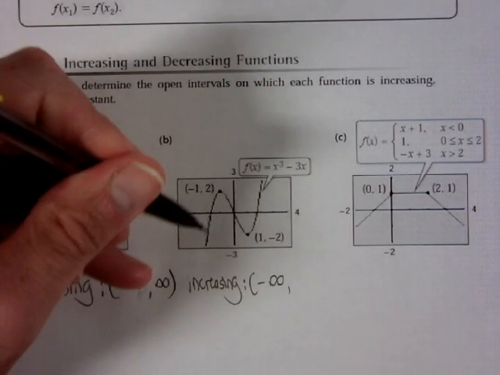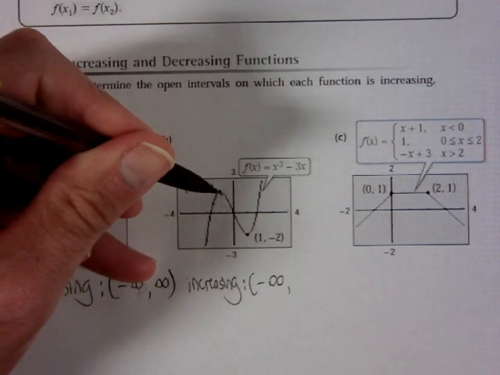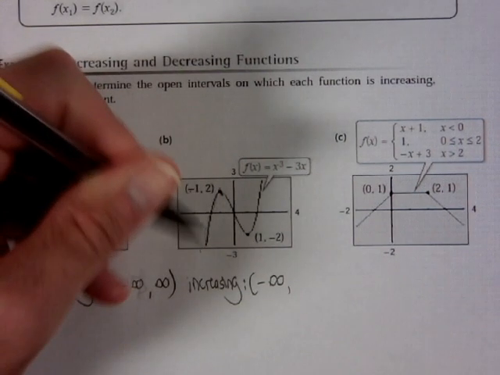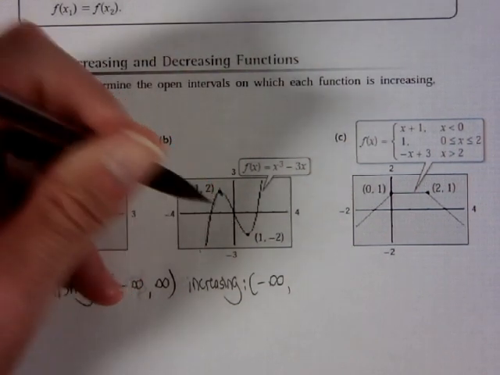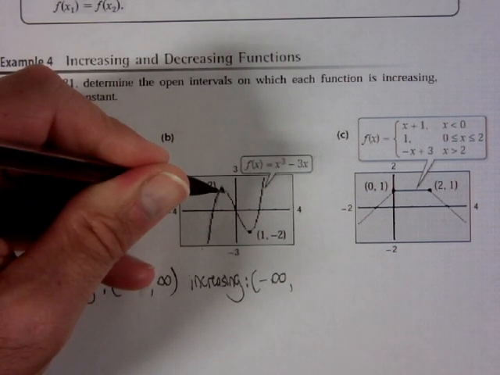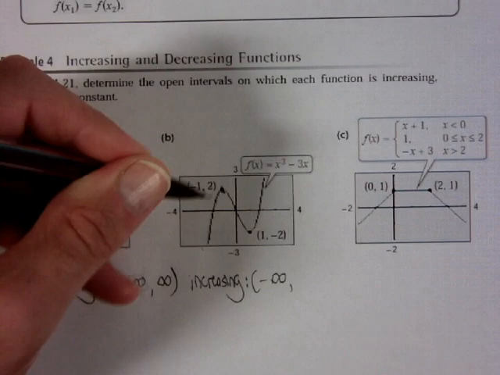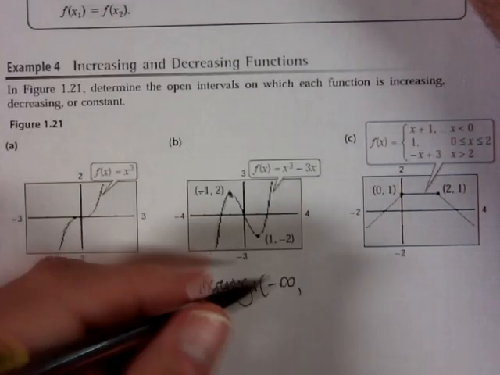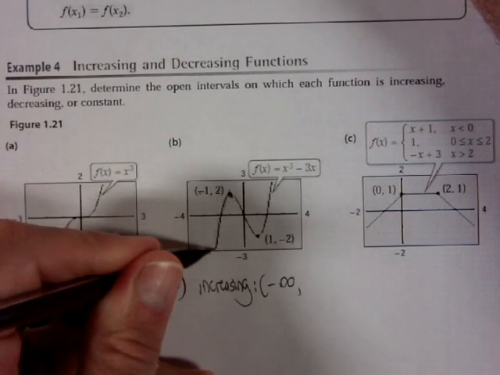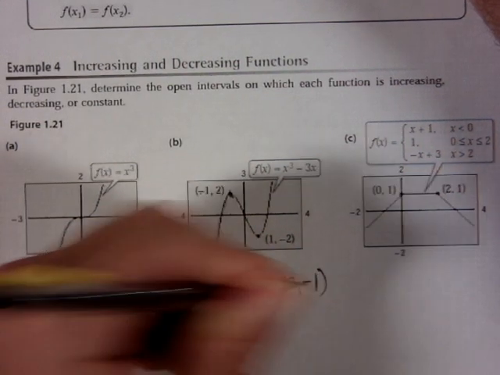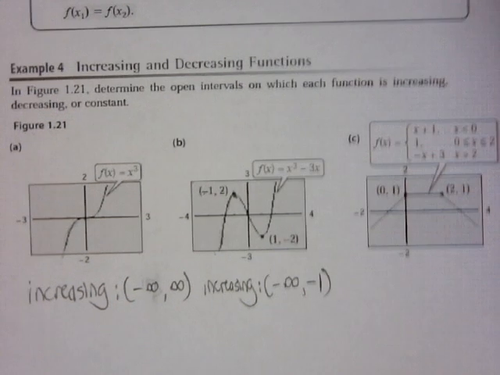It does continue to increase until we get to this point at negative 1, 2. They've actually given us the point where it changes direction. So at negative 1, 2, it stops and then changes direction. And so it's increasing over the interval from negative infinity to negative 1.